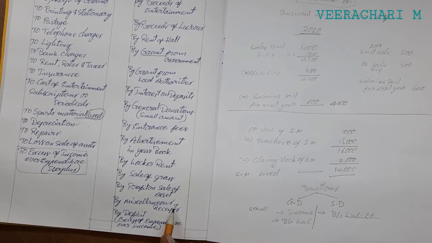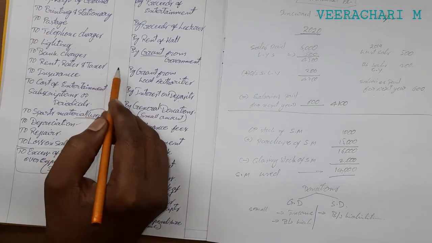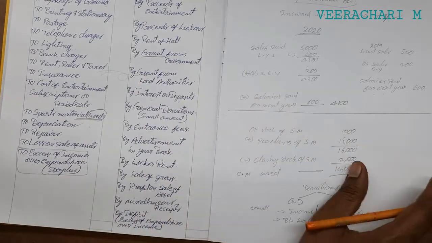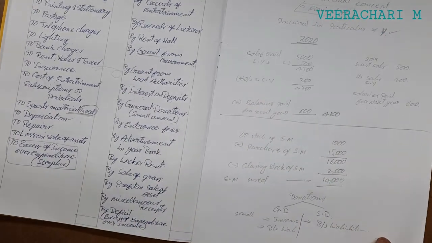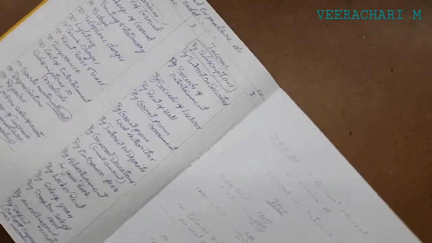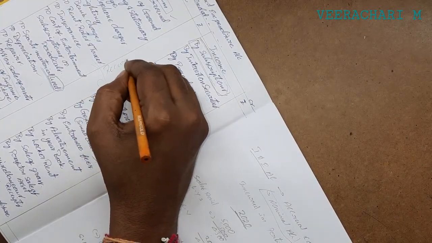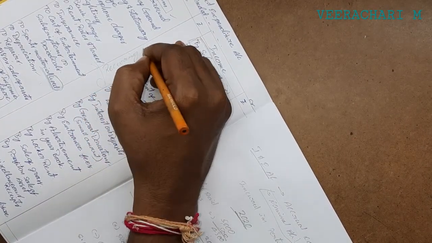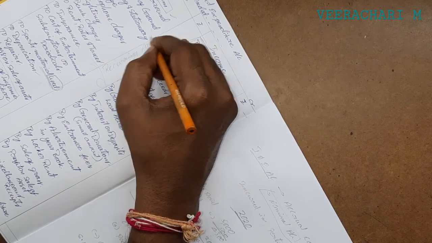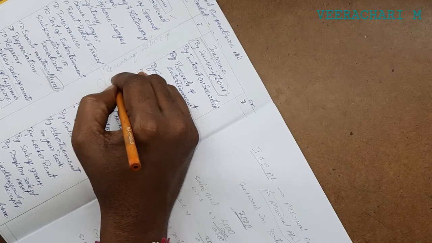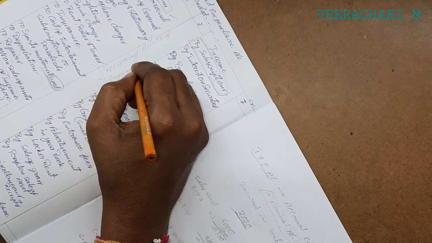Finally, the income and expenditure account should record recurring expenses and recurring nature of incomes.